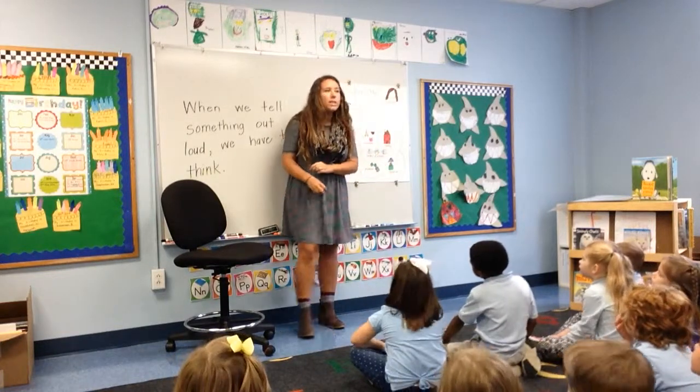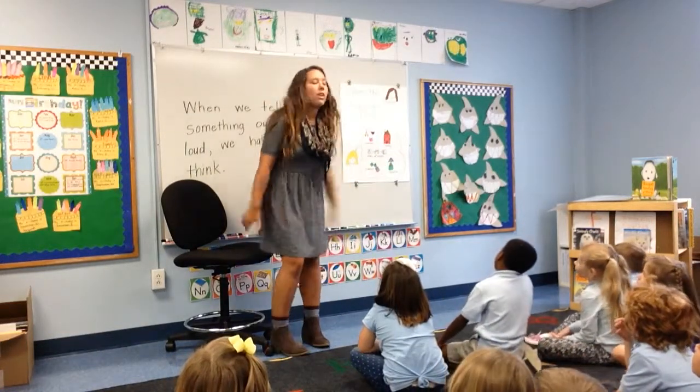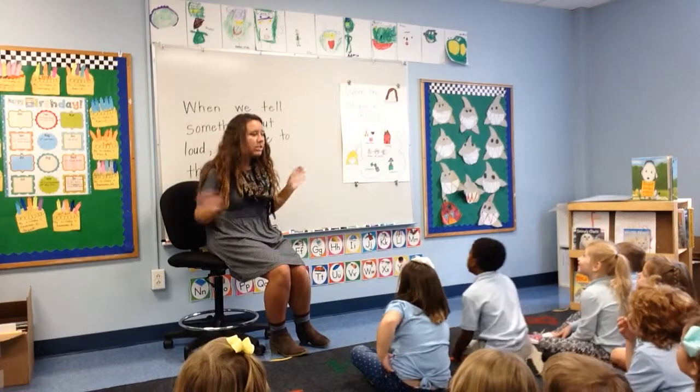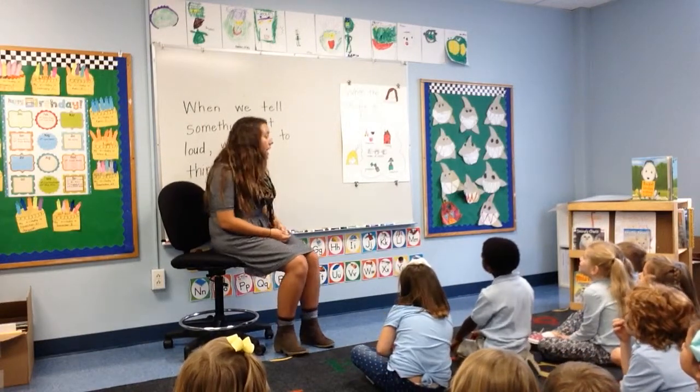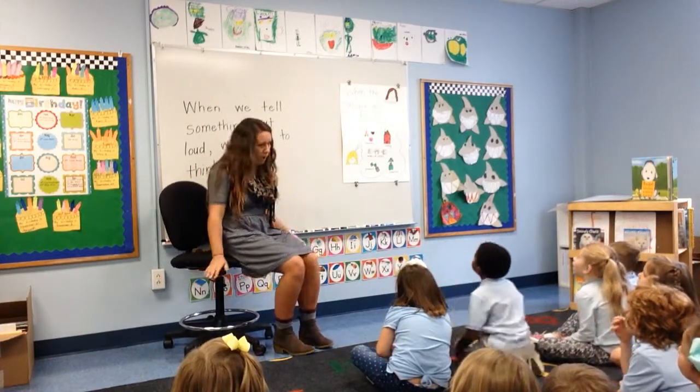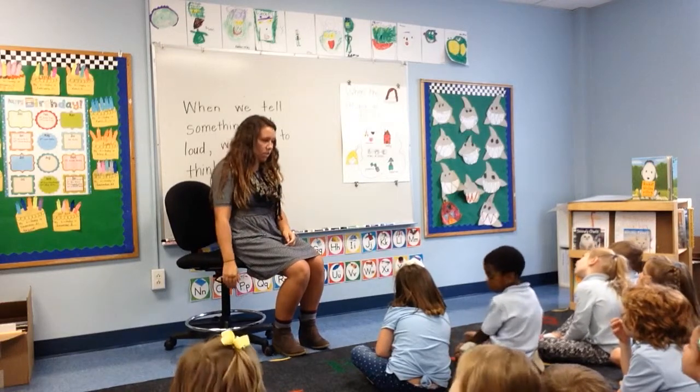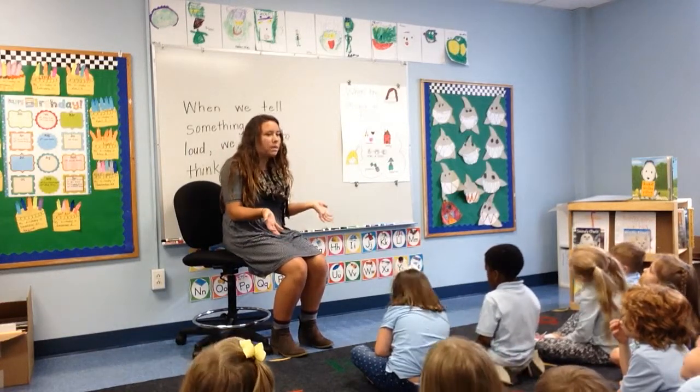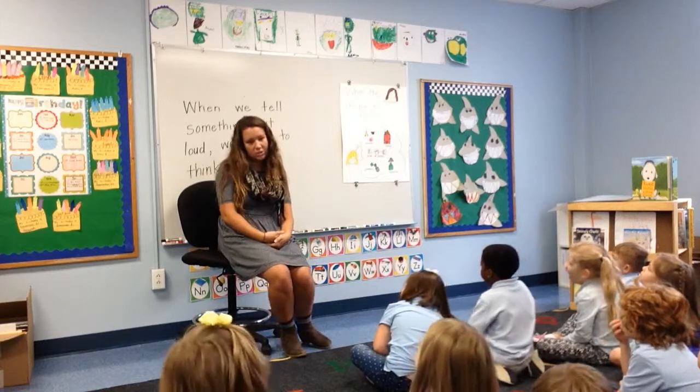Okay, so when we retell a story, it's not just about telling our very favorite part. You have to tell all the different parts in the right order so that you can tell that story to someone else and they can pick their favorite part out of the story.